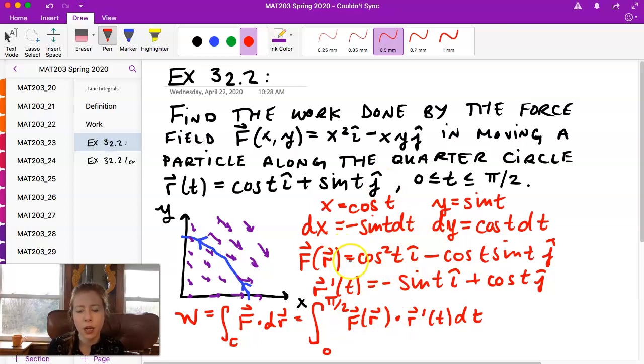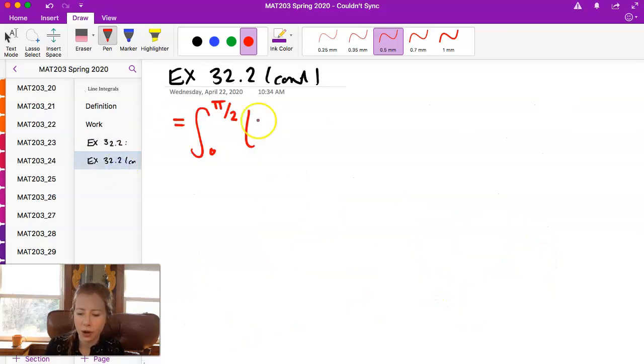So it's going to be cosine squared t times minus sine t. We have to multiply the i components and add them to the j components multiplied together. So this is going to be minus cosine squared t sine t.